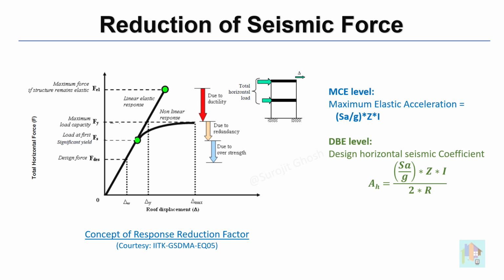Hence, we can safely reduce the MCE level earthquake to DBE level earthquake using a factor 2R. This reduction can be represented using a curve which suggests how the maximum force is reduced due to ductility, redundancy, and overstrength to compute a more logical force for design without compromising with the safety.